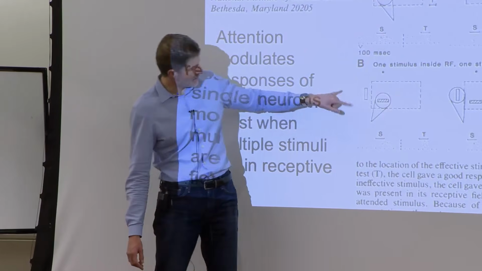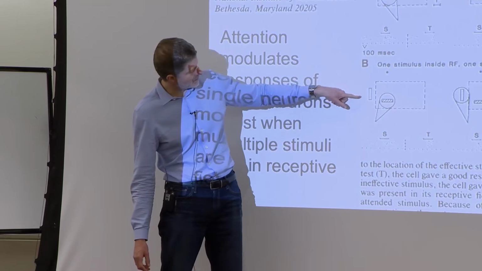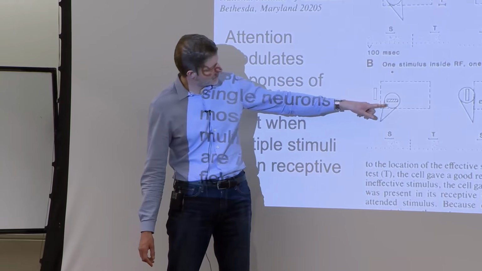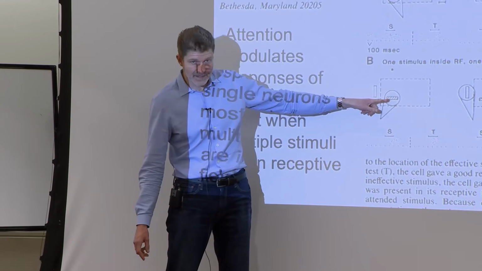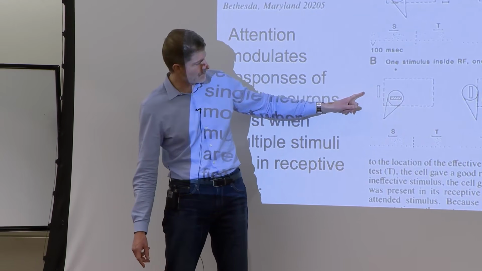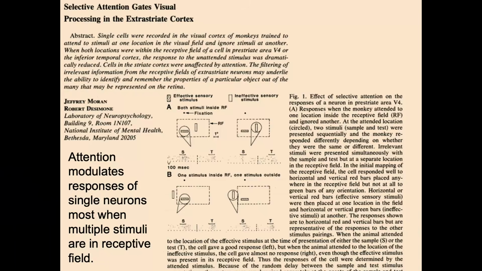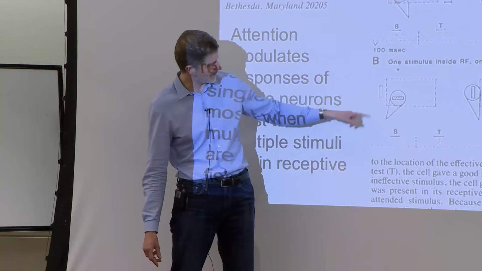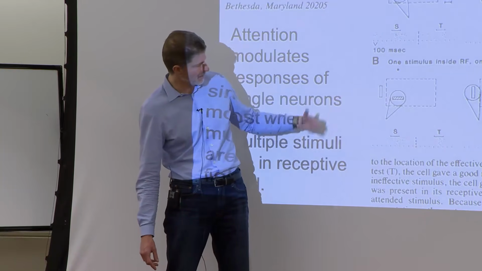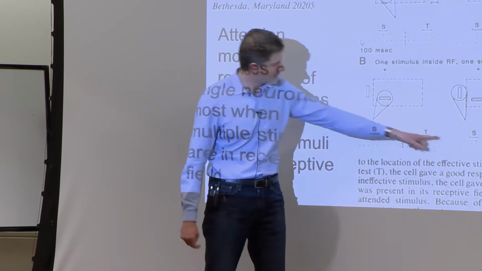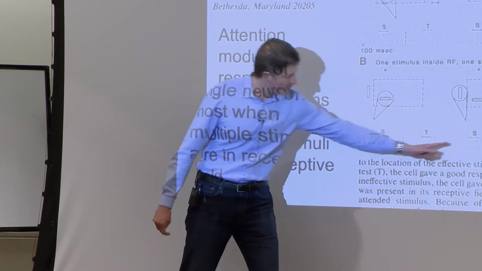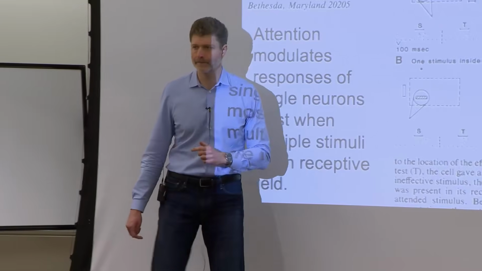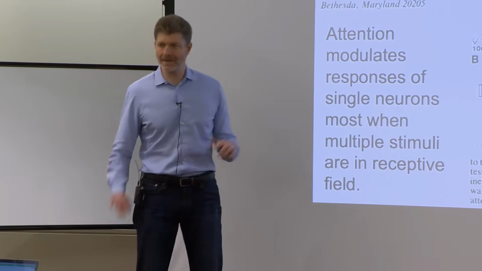So here's another thing that was manipulated. In this situation, the two stimuli are positioned so that one is inside the receptive field and one is outside. Okay? So it's the same attentional manipulation. People are either attending to the effective stimulus or the ineffective stimulus. And the argument is that in this setting, there's much less of a difference between the responses. Okay, so that's the empirical finding.